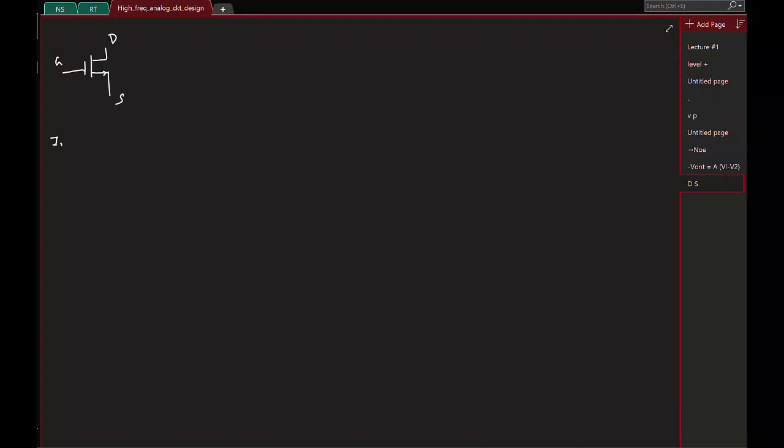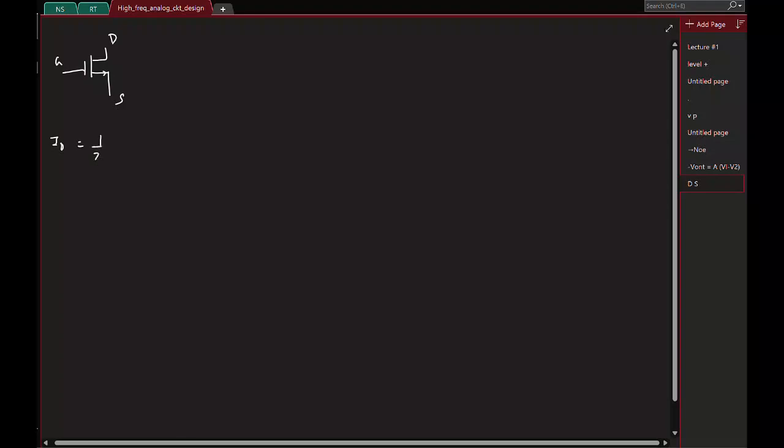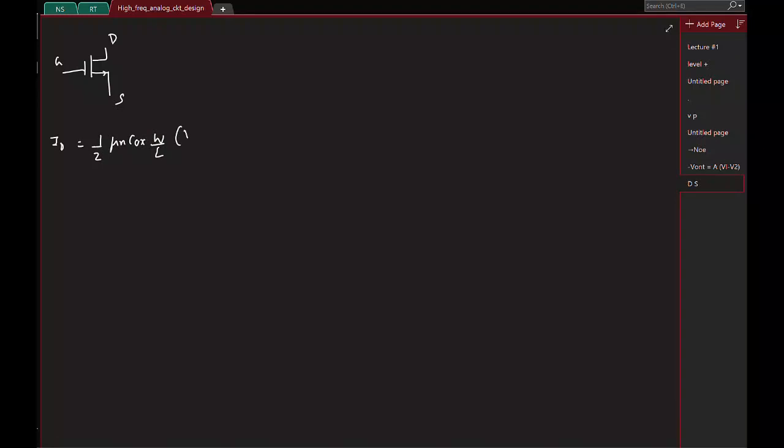In saturation region the drain current is half mu n Cox W by L times (VGS minus VTH) whole square, and if you have channel length modulation you will have that term also.